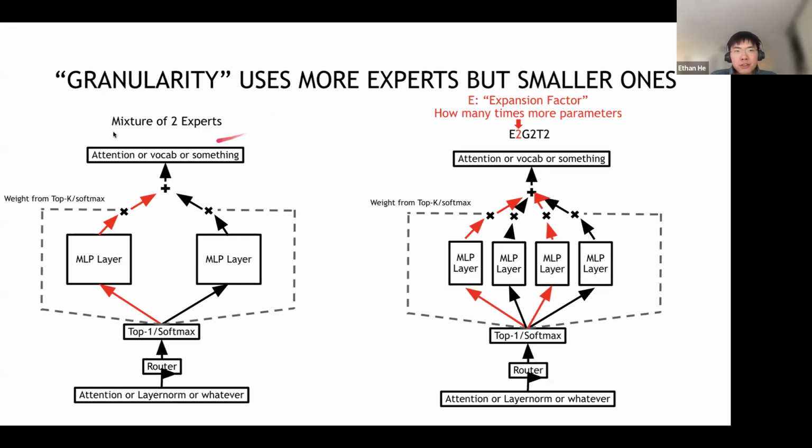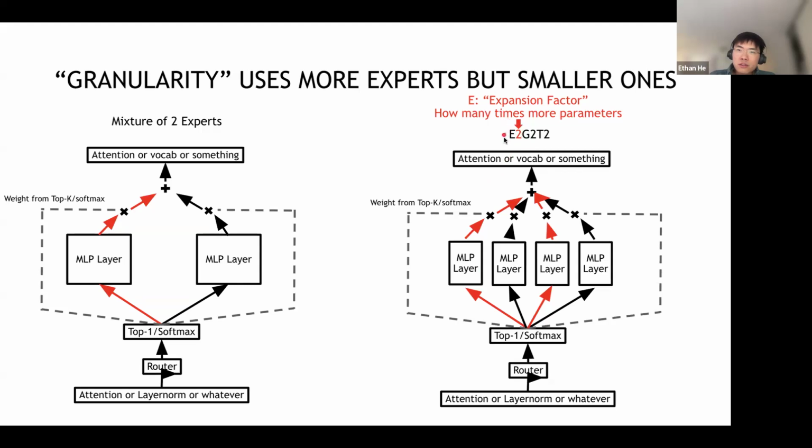For example, here, originally you have a mixture of 2 experts and 1 is selected. Instead, you can expand the number of experts into 4, while each expert is smaller than before, so the compute is the same and the parameters are also the same.